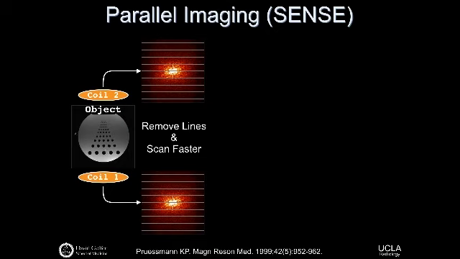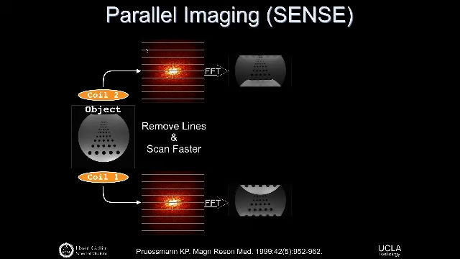One idea is that you have the object that you're trying to image. You have a coil above the object and a coil below the object. We can acquire images. In this case, we took out, say, the odd lines of k-space, and so we know our images are going to alias, but we also get a scan faster. We have half as many lines as we maybe need for the full field of view.